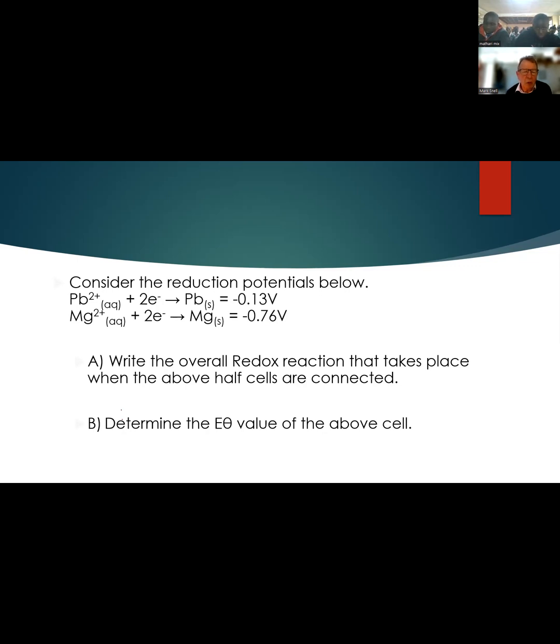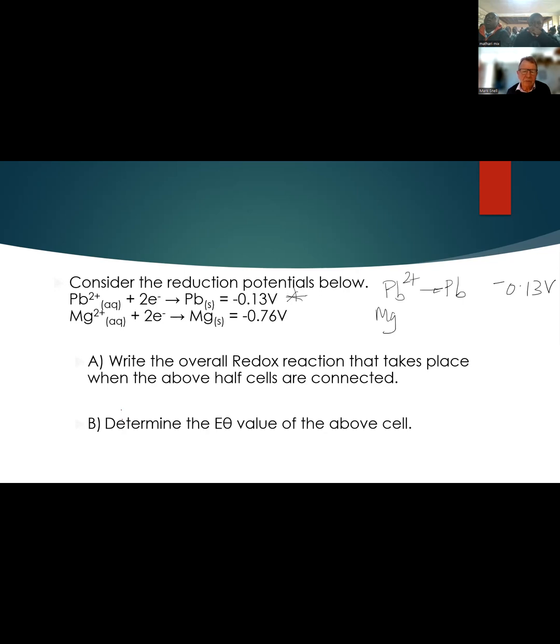So we are looking for the most positive one. The most positive one is this one here. That means that this one will go in the direction which is written. Pb2+ turns into Pb, and it stays as negative 0.13. It's not positive, but it's the most positive. Whereas the other one goes in the opposite direction.